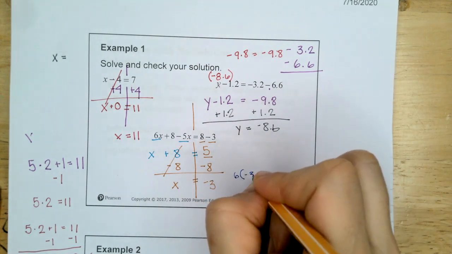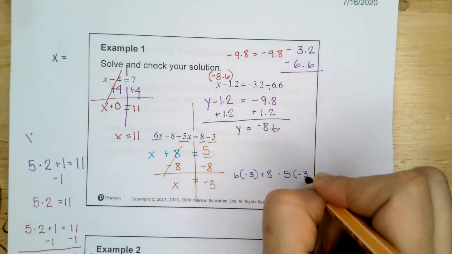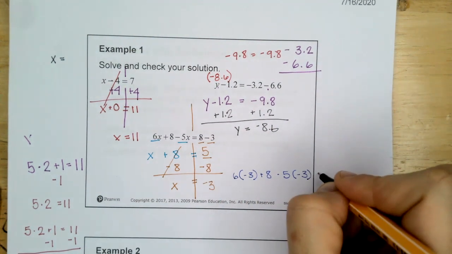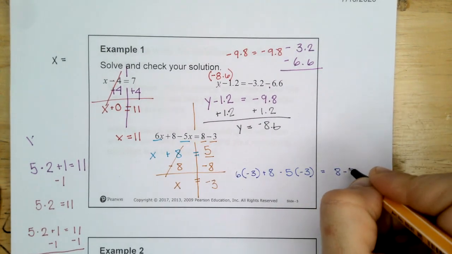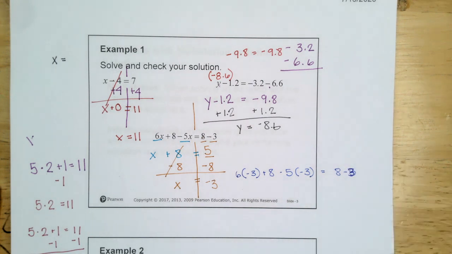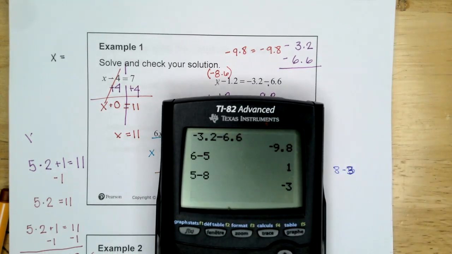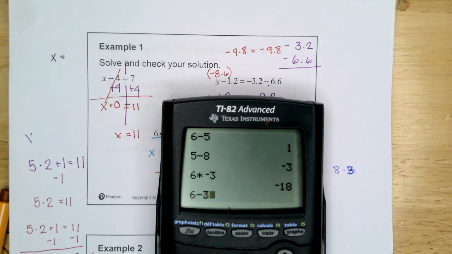6 times negative 3 plus 8 minus 5 times negative 3. I want that to equal 8 minus 3. Good. 6 times a negative 3. And remember, this is why I use parentheses, because I don't want to think that I'm writing 6 minus 3 or 63.